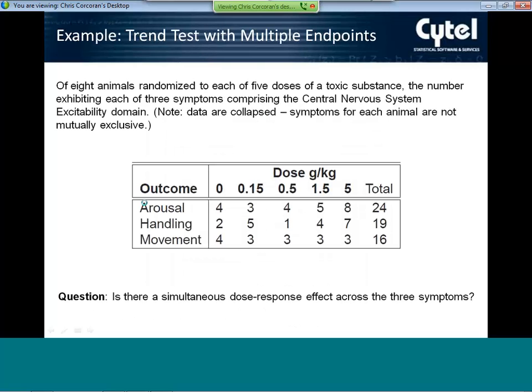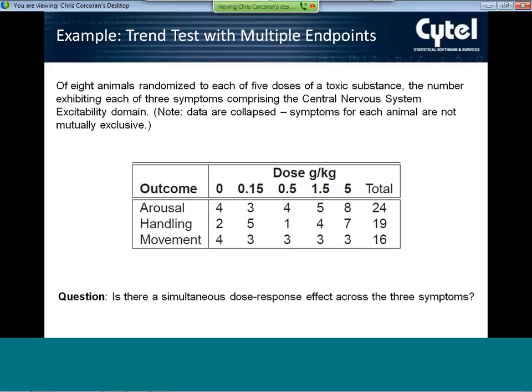And then finally, I alluded to this earlier, but there is a trend test as well available for multiple outcomes. Now, the data here are contained in the examples that come with the StatXact package. But the data, as they're presented in this table, are actually collapsed. So in other words, the different symptoms for each animal are not actually mutually exclusive.